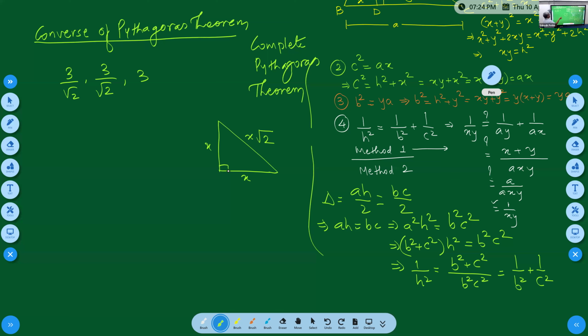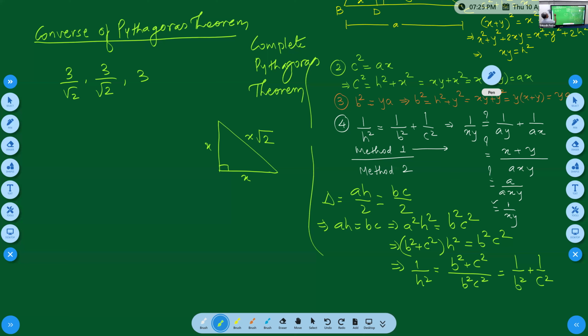So if the sides of any triangle are given, then we should be able to conclude that this is a right angle triangle. That means we are not using Pythagoras, we are using converse of Pythagoras. The sides are such.